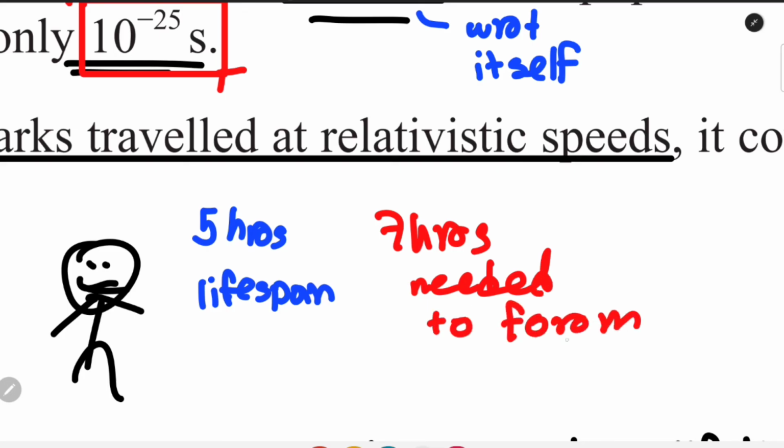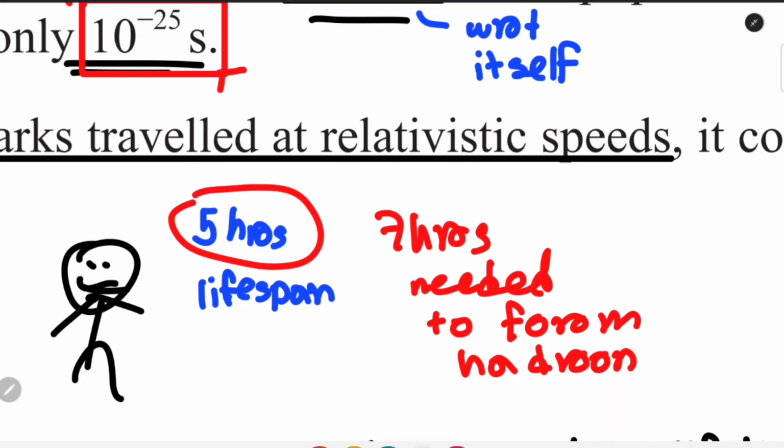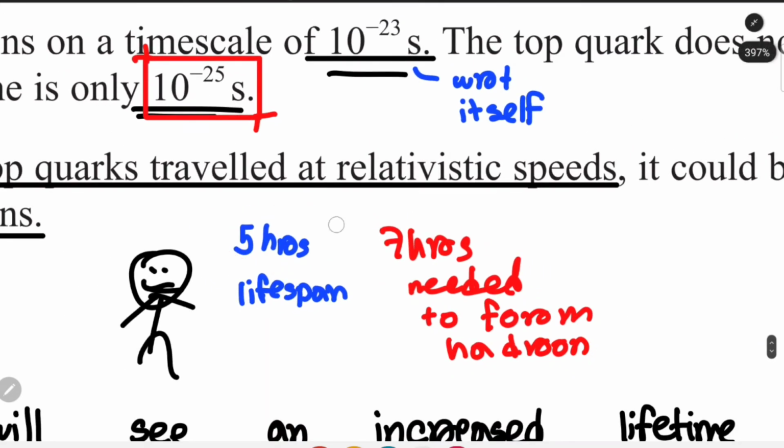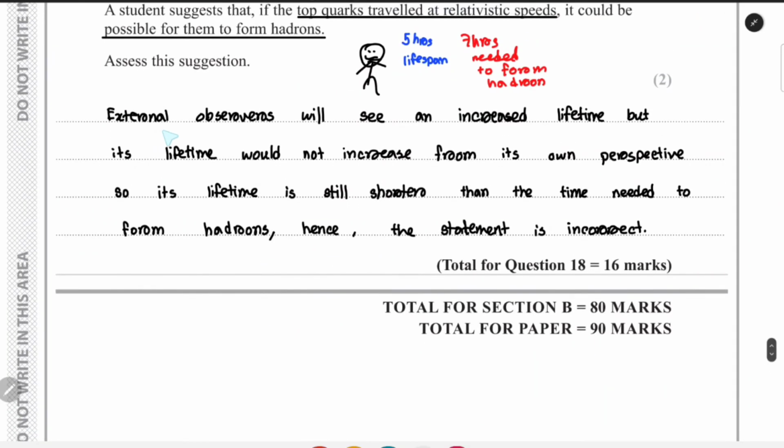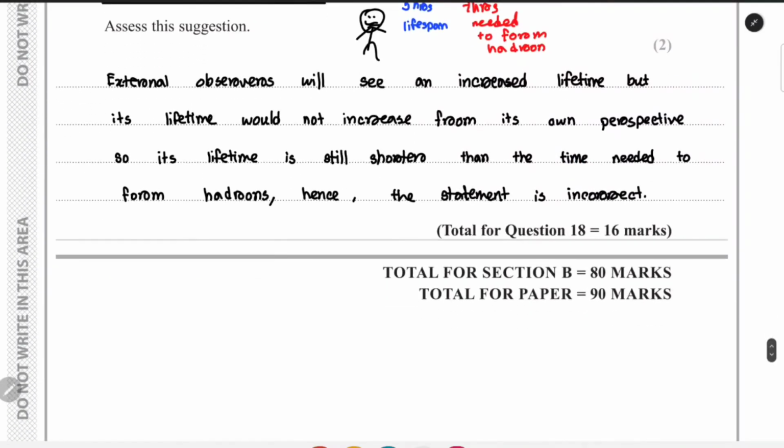So even then, the quark will not have a lifespan long enough to form a hadron. So this is how we answer it. We talk about how external observers will see an increased lifetime, but its lifetime would not increase from its own perspective. So its lifetime will be shorter than the time needed to form hadrons, even if it's moving at relativistic speeds, making the statement incorrect. And that's it for this paper.